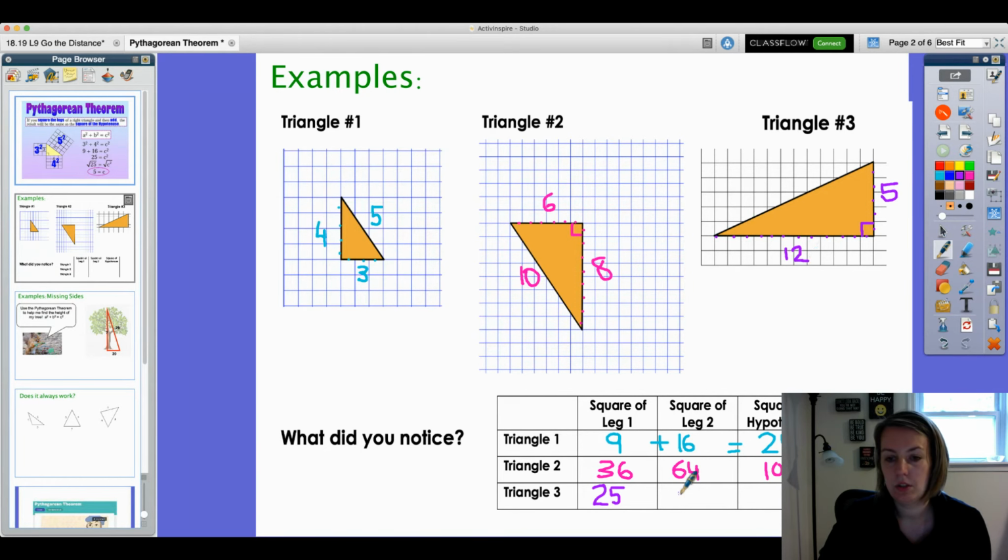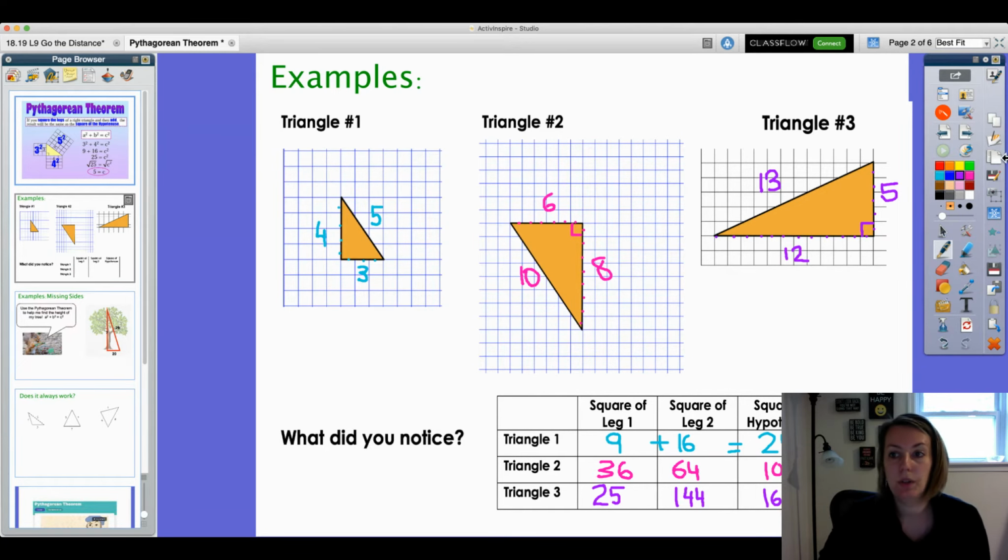And if I square 12, I'm going to get 144. And if I add these two together, 25 plus 144, I'm going to get 169. And if I square root my 169, whoops, square root it, not square it, I'm going to get 13. So that means my hypotenuse is 13.